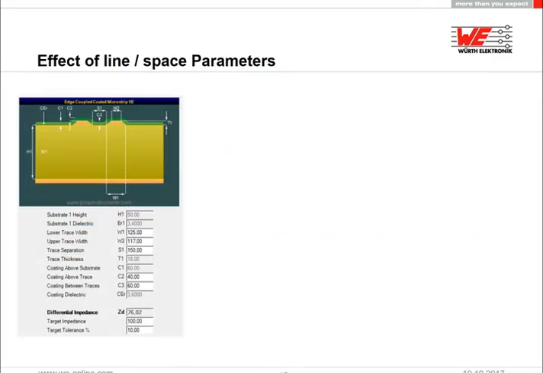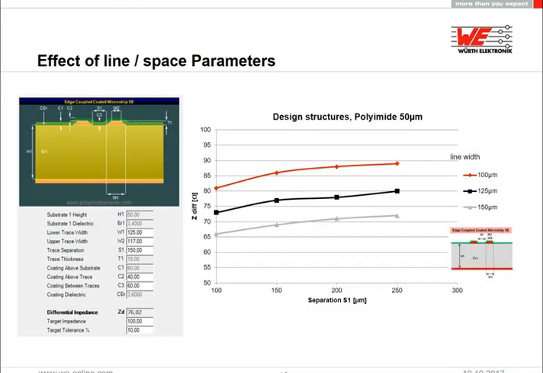How do we calculate the parameters for the design to meet the impedance requirements? We are using a tool like you can see here, and the effect on the design structures we can see on the right side. Based on a 50 micron polyimide film, we can see 3 different line widths: 6 mil, 150 micron, in gray, in black a 5 mil line, and in red a 4 mil or 100 micron line.